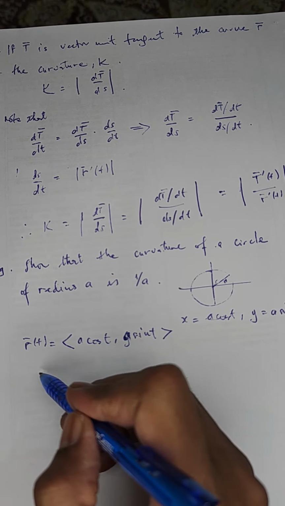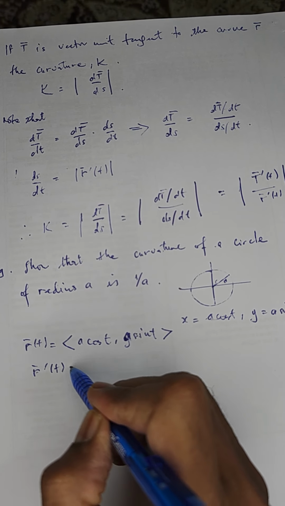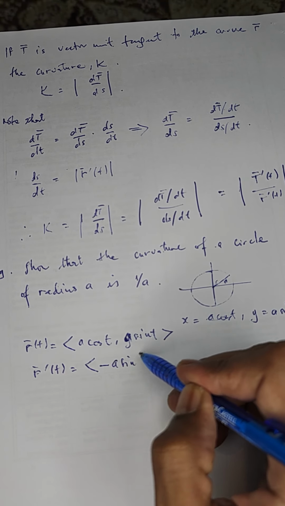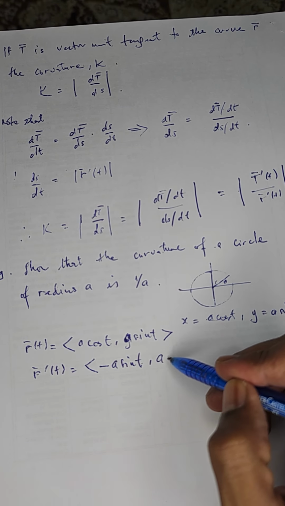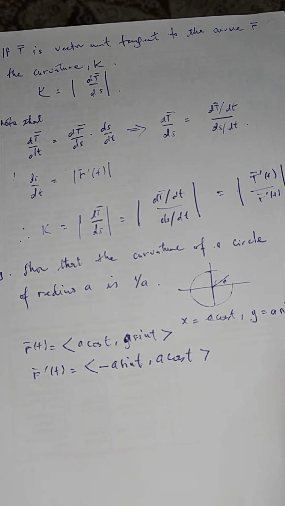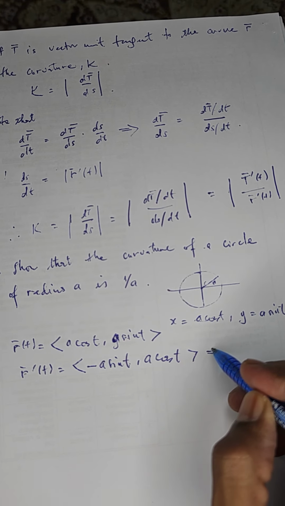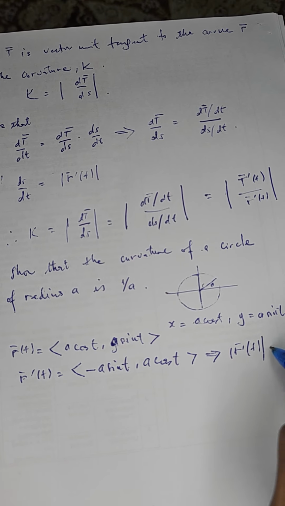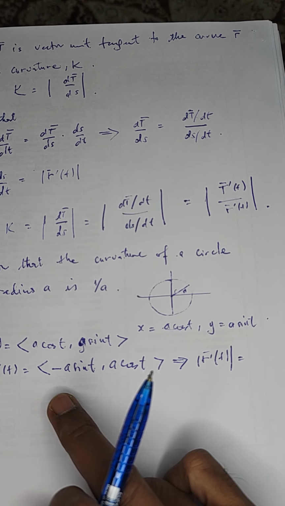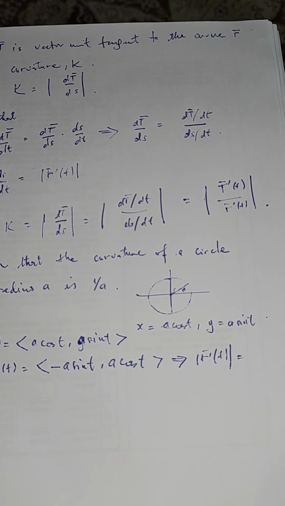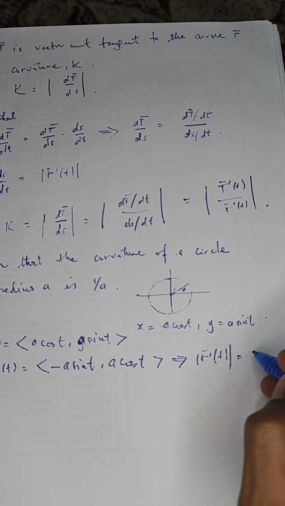Then if we differentiate this, we have r'(t) equal to (-a sin t, a cos t), and if we take the magnitude of this, that gives us the magnitude of r', the square root of a squared sin squared plus cos squared. You can factor out a squared, sin squared plus cos squared gives you 1, and the square root of a squared gives you a.